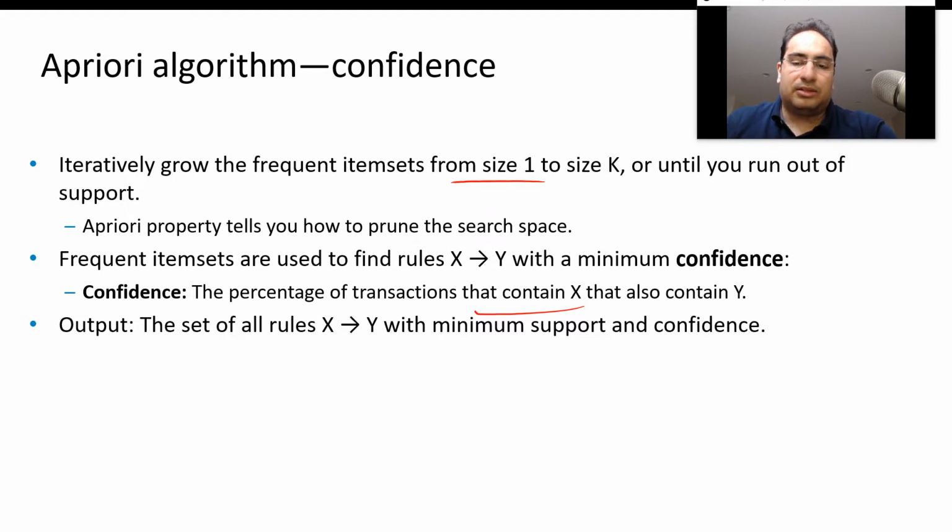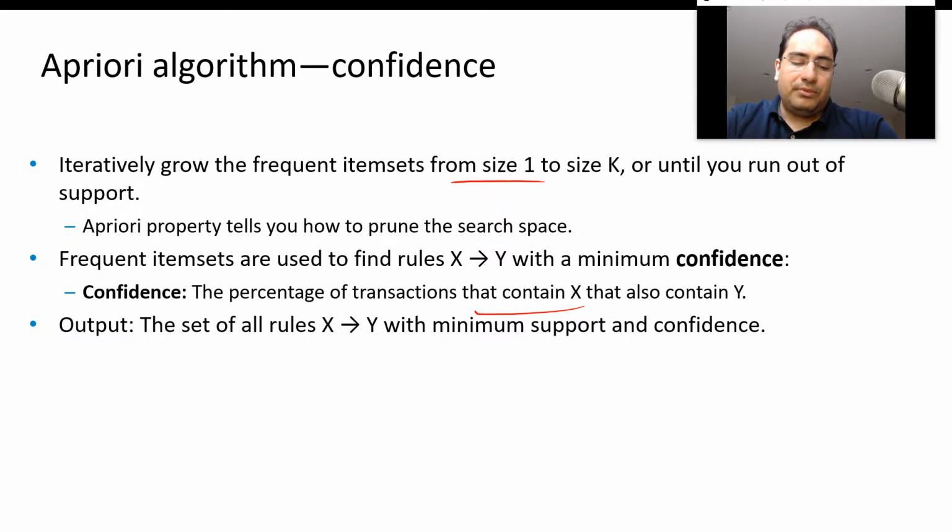So we grow the size of the item sets from 1 to k, where k is the maximum size of the item sets, or until we run out of support. If we don't have 5 items that are bought together 50% of the time, then we cannot create that five-item set.